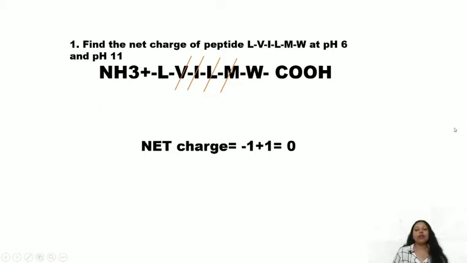Now, at the third step, we need to write the pKa value of the carboxyl group just below the COOH and the pKa of the amino group just below the NH3 plus group. You can take help from the chart or you can easily remember it.